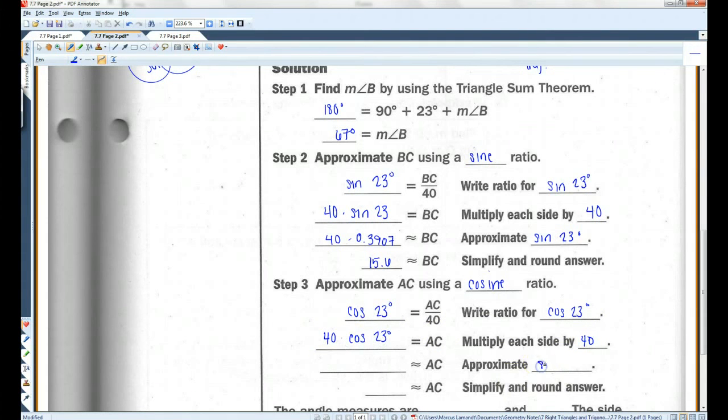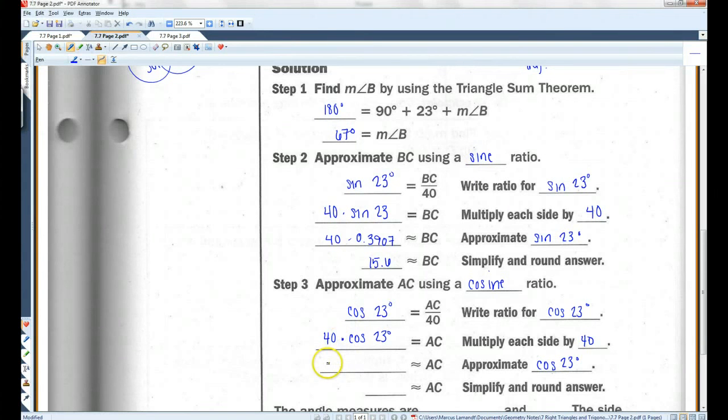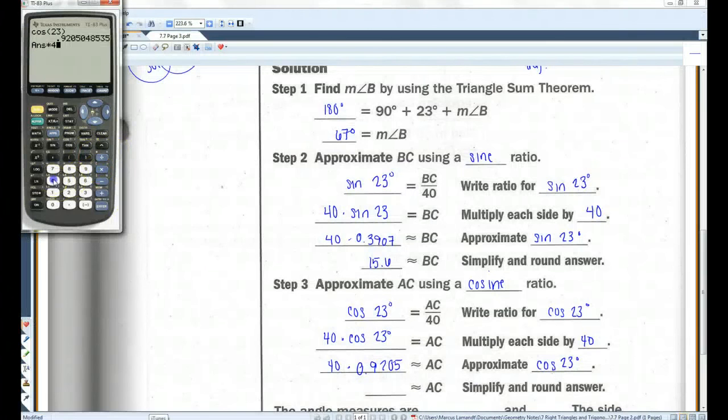I'm going to approximate cosine of 23 degrees. There we go. Alright. So now I have 40 times 0.9205, which is 36.8.